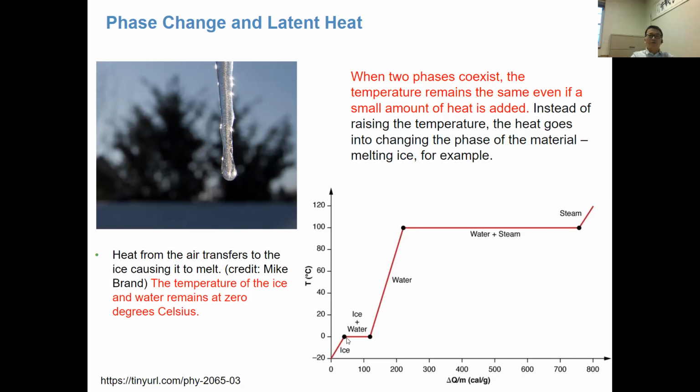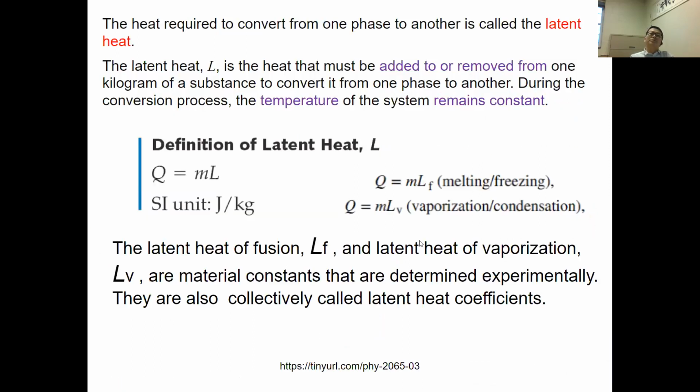So from ice, solid, to liquid water, there is a latent heat, and there's also a latent heat from liquid to vapor. We use the symbol L for latent heat. When you add heat, the solid will melt.